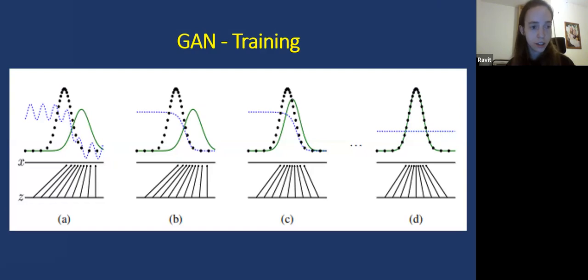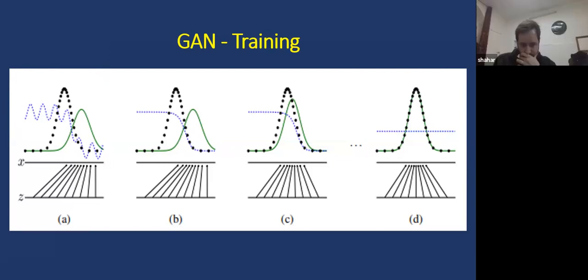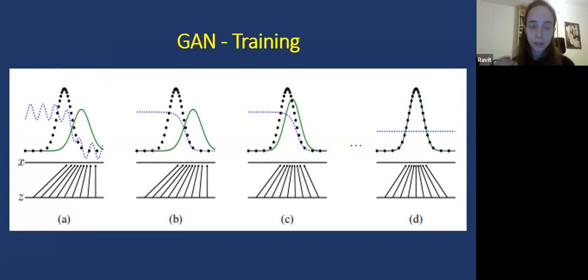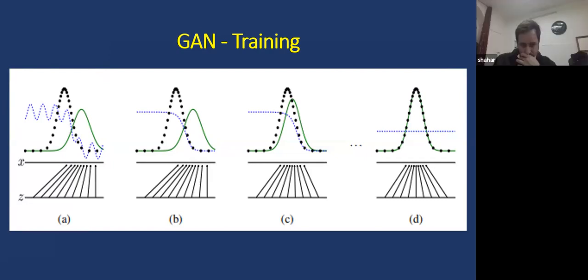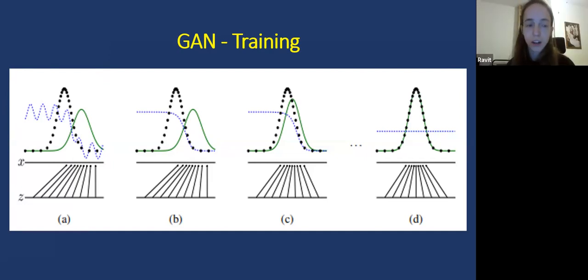This is the training process. This graph is taken from the article of Goodfellow. The blue dashed line is the discriminator distribution. The black dots are the real data distribution, and the green continuous line is the generator's distribution. The arrows below are the domain from which the Z vector is sampled.